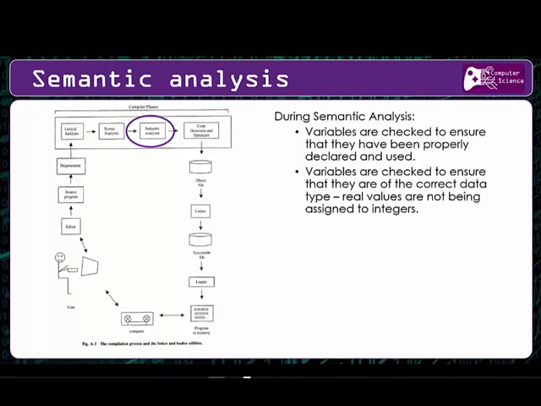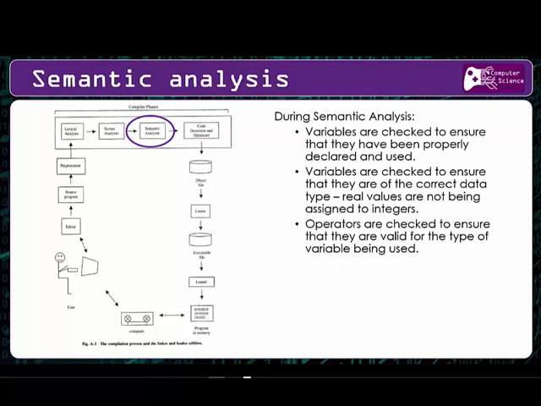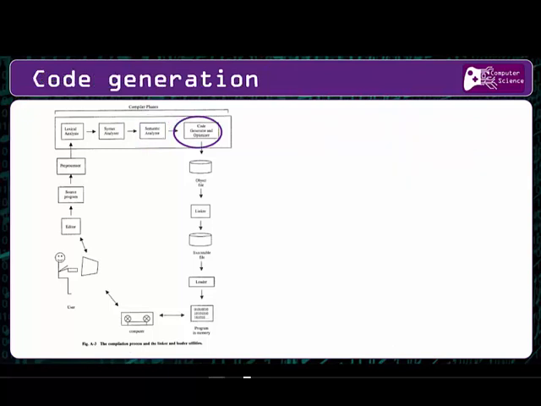If I'm trying to hold a decimal or real number, are those being allocated correctly? Each of these operators are checked to make sure they're valid, and providing that's the case, then it works its way through and gets through that stage. The last bit is code generation. It's simple. In code generation, the machine code is generated. Similar to what I said before, that executable is generated, and that's it.